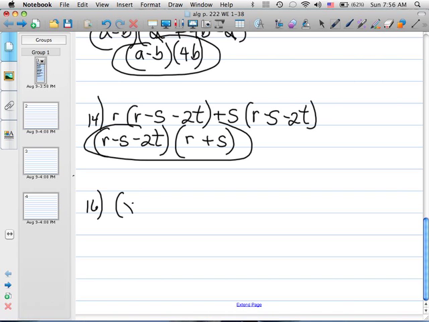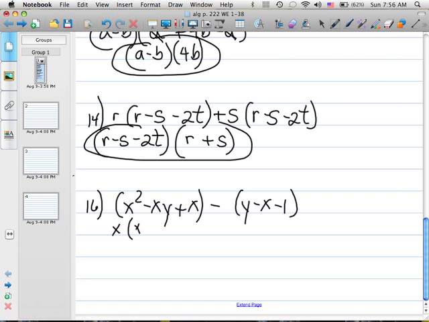16, we have x squared minus xy plus x minus the quantity y minus x minus 1. Well, this looks like it doesn't make any sense at all. However, if you look at the trinomial, there is a common factor that needs to be taken out, needs to be factored.